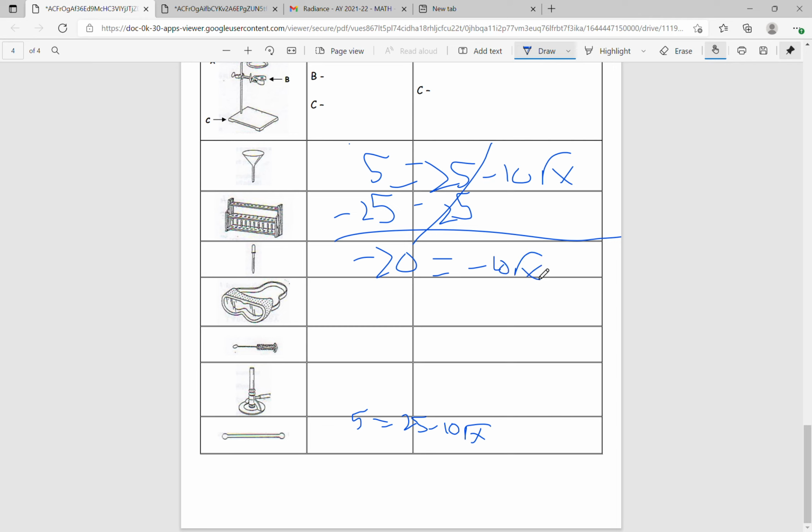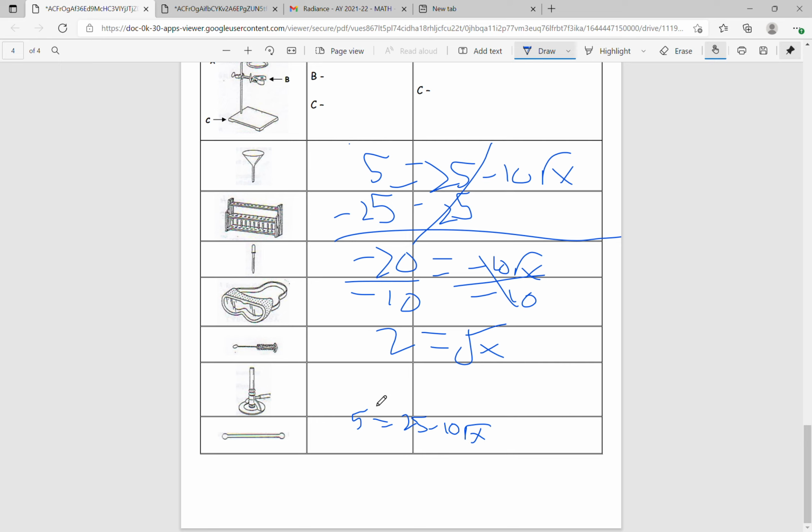Now, to get the square root by itself, we divide both sides by negative 10. The negative 10s will cancel. Negative 20 divided by negative 10 is 2. So we have 2 is equal to the square root of x. I assume you know what to do up to this point in the video. We're going to square both sides to get rid of the square root of x.